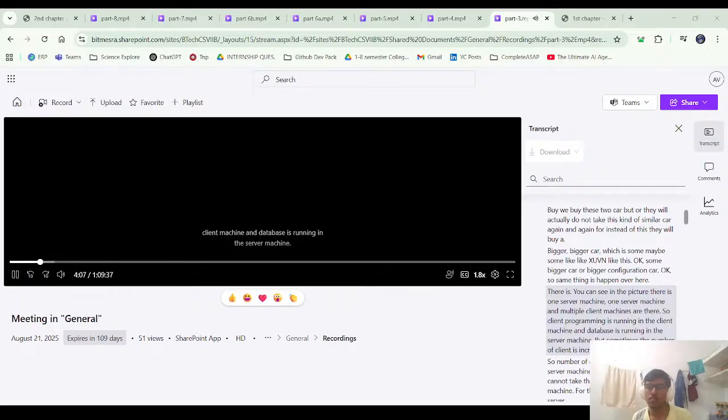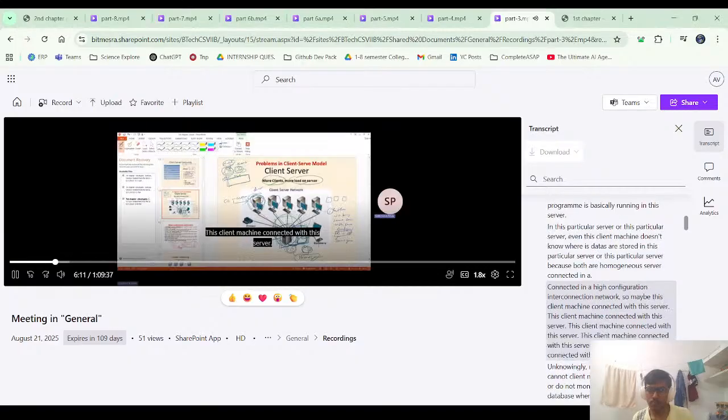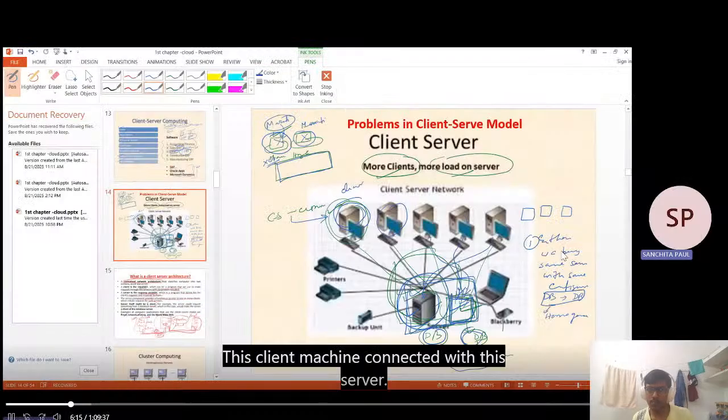At this point, the client machine doesn't know where its program is running, on this particular server or that one. Even the client machine doesn't know where its data is stored, because both are homogeneous servers connected in a high configuration interconnection network. Maybe this client machine is connected with this server, and that client machine with that server.